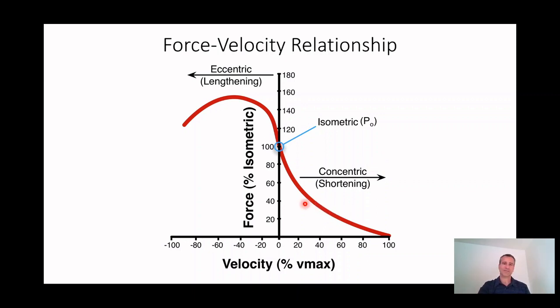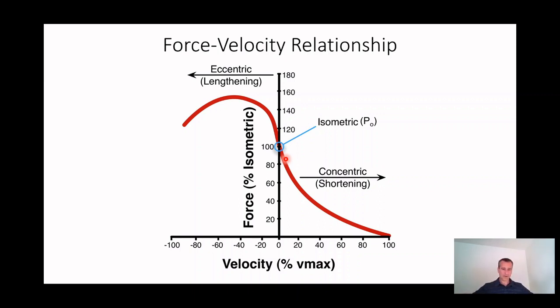We're up to 40% of our max or 60% of our max. Now the velocity of the movement is slower. And as we get up towards our max, if we're at 90% of our max, we're going to push, but it's really hard to get it going. But this chest muscle is still doing a shortening contraction because it's shortening and pushing the weight away.